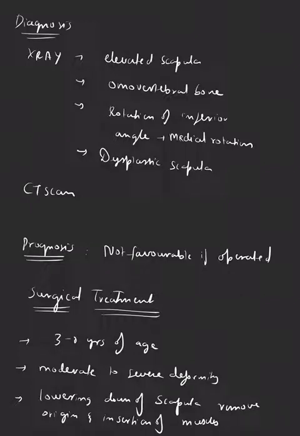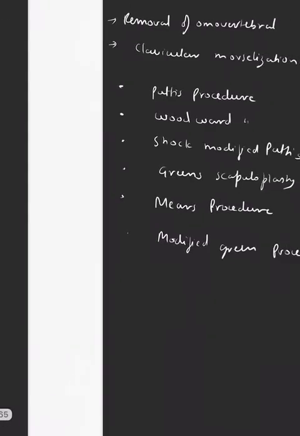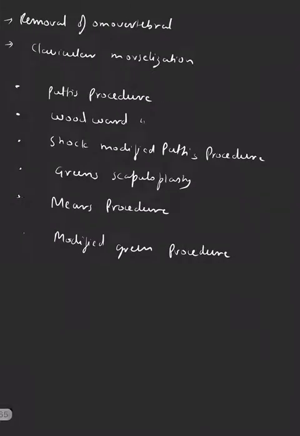So what we usually do is we remove the origin and insertion of these muscles. After that, the omovertebral bone at the level of the superior border of the scapula will also be removed, and clavicular morselization will be done.